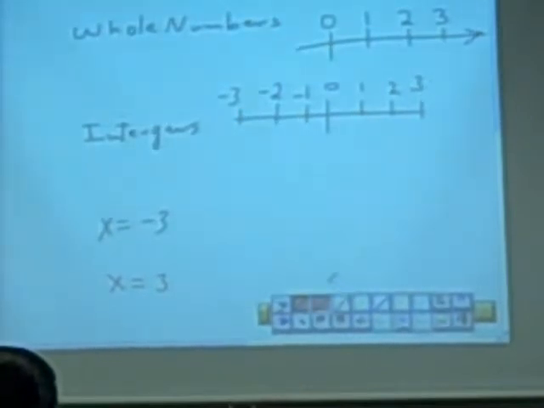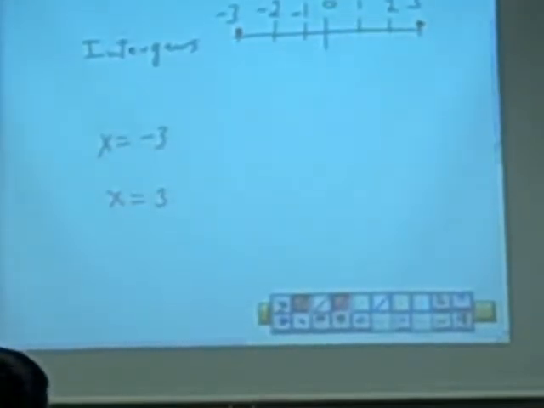But the problem here is that -3 and +3 are two totally different numbers. So that one little negative really makes a big difference. Makes that a whole different number. So you have to really watch the negatives. Okay, and it's the negatives that tend to give people some trouble.